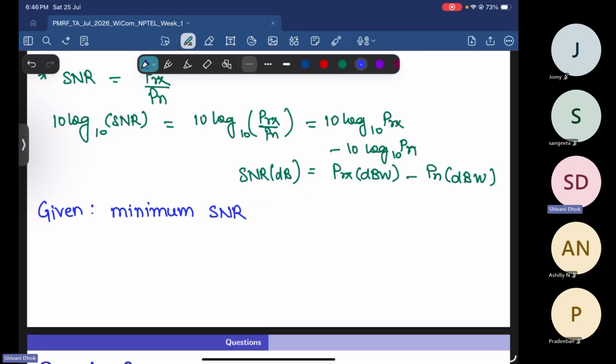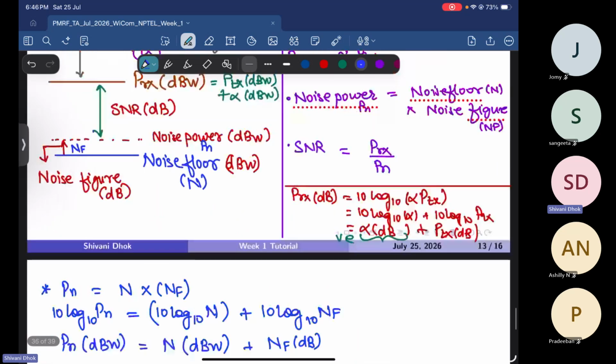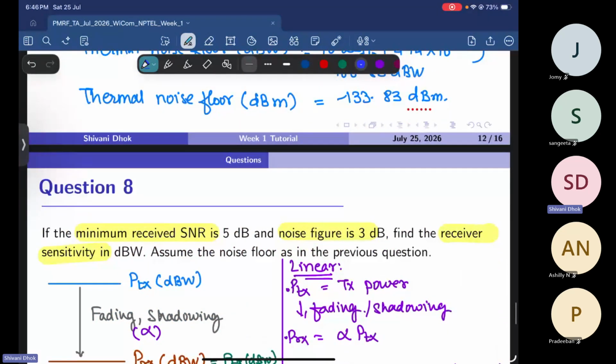Minimum SNR in dB, that is SNR min in dB, is 5 dB. And what they want to ask is, if you have the thermal noise floor as in the previous question, and if you have your 3 dB noise figure, then what is the minimum receiver sensitivity of your system?